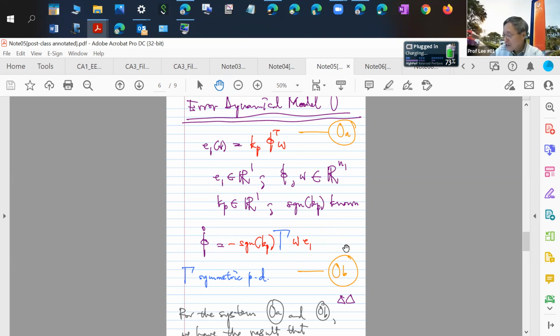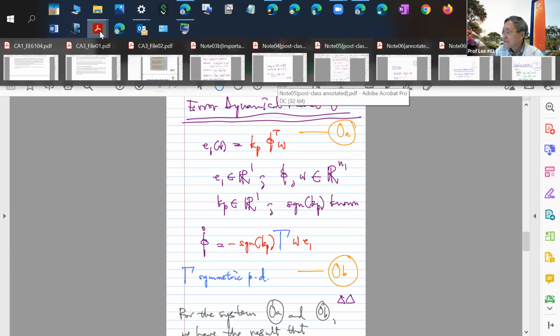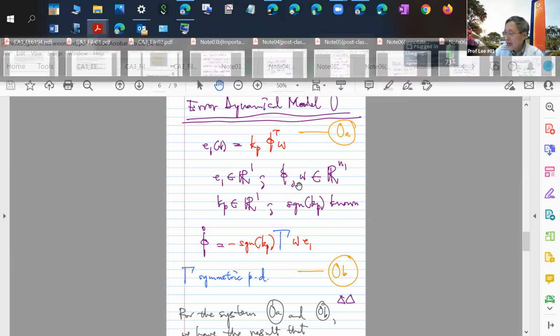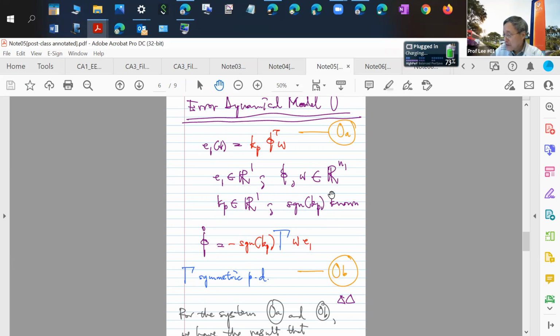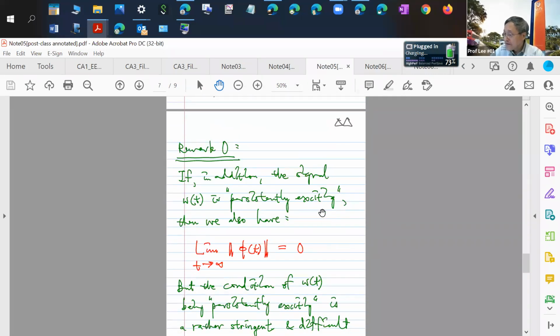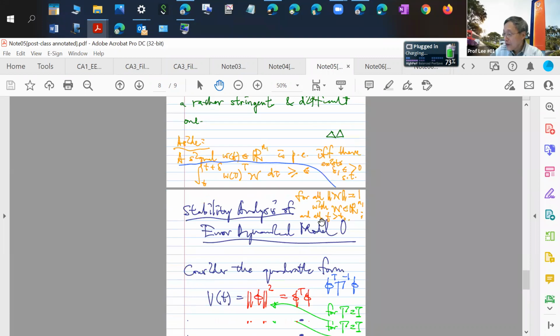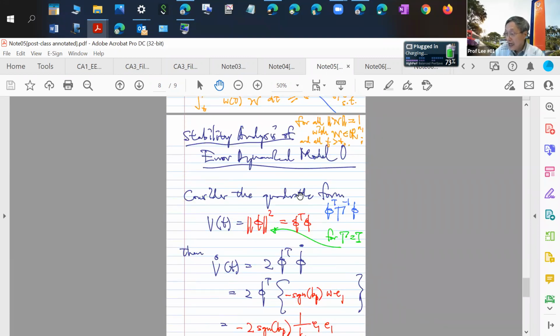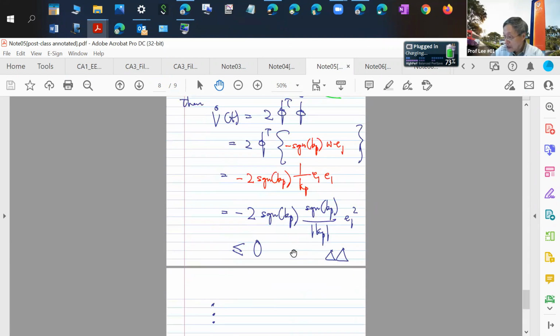But why I like this very, very simple error model, as I mentioned to you all last week, is I like this for a few reasons. First of all, even though it's so simple, once you handle it properly, one thing would be that stability analysis is quite straightforward.